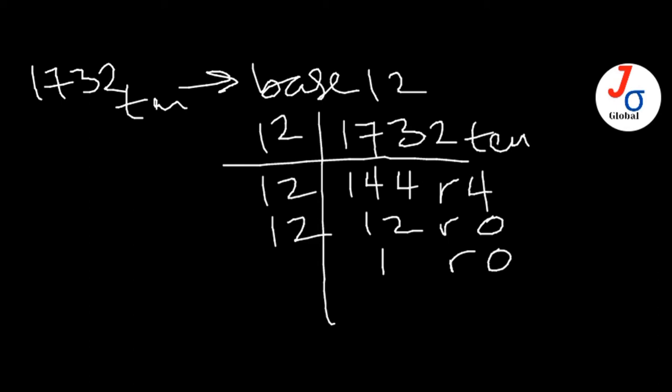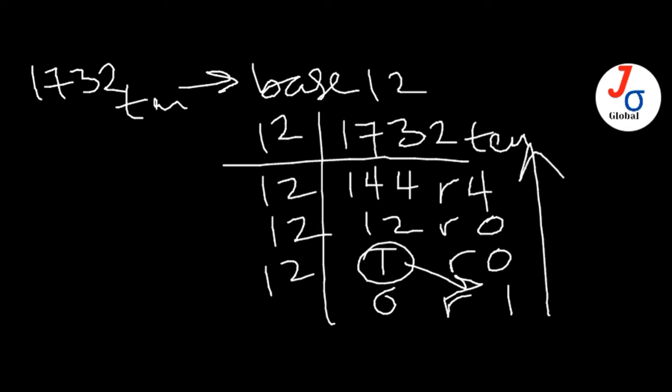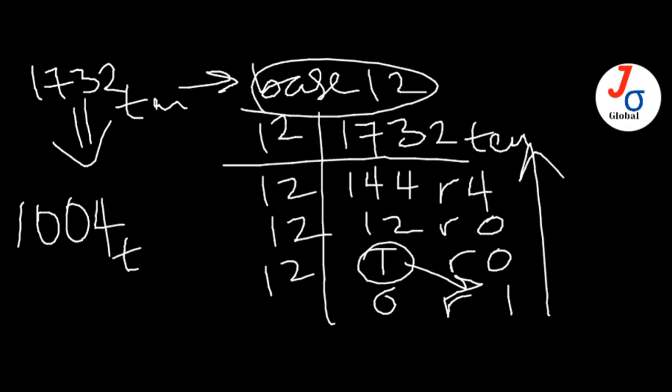And 1 divided by 12 is practically impossible, so you have 0, remainder 1. Okay, so I'm going to count from the bottom upwards. So I have 1004 base 12. As you can see, I'm always writing the base number in words so that we don't confuse it with the actual digits.